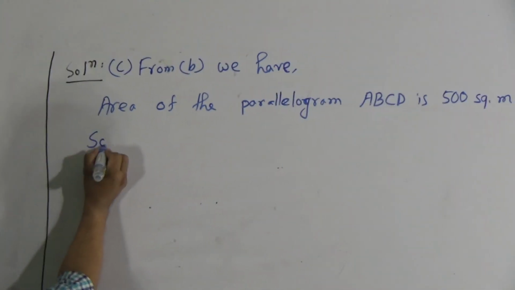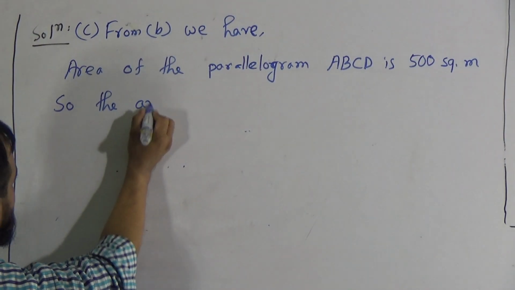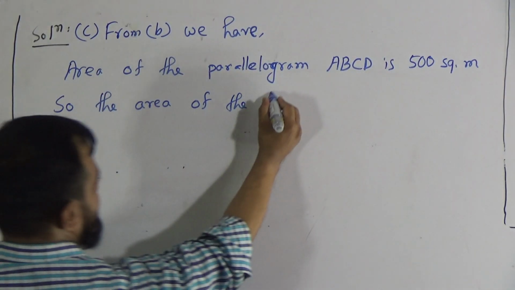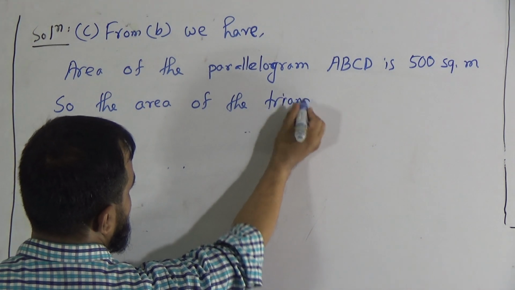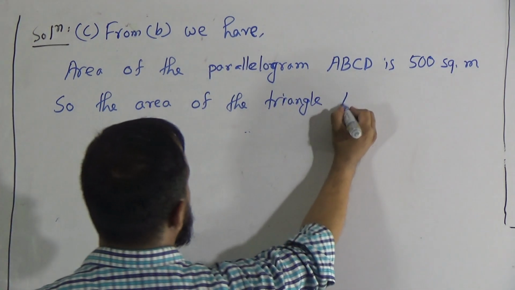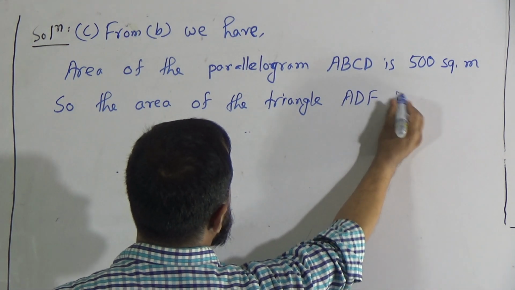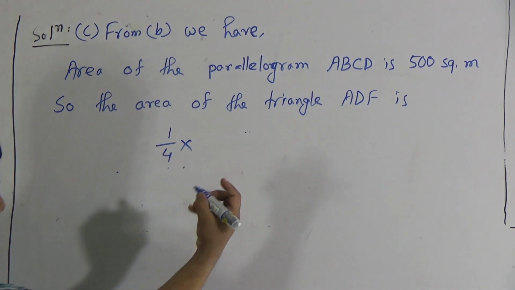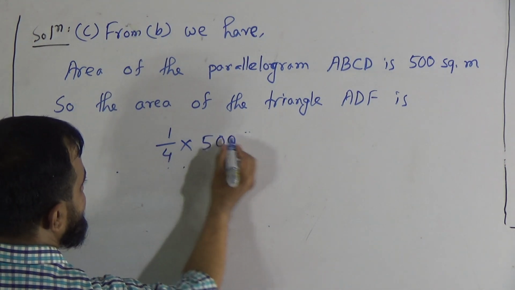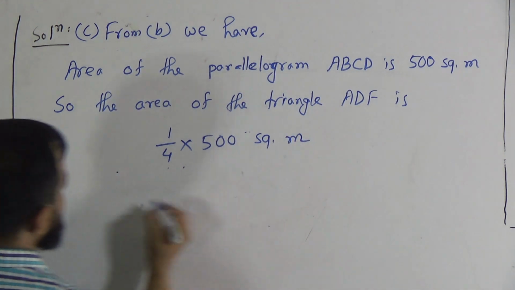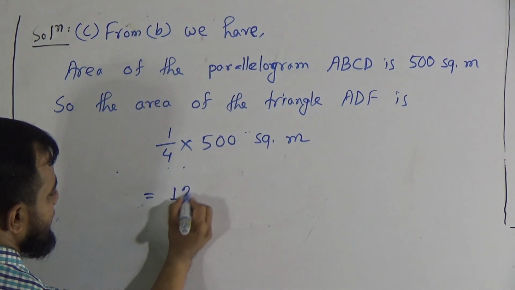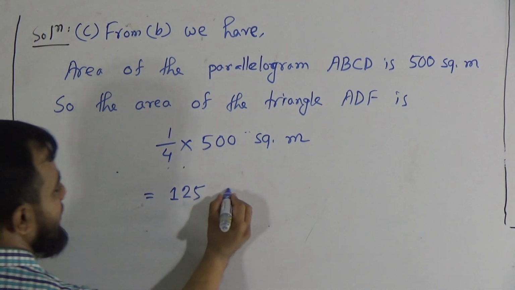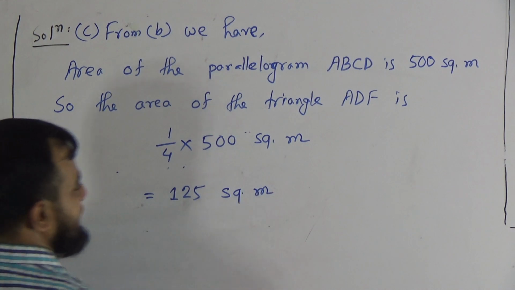So the area of triangle ADF is 1/4 of 500 square meters. If we divide 500 by 4, we find 125 is the area of the given triangle.